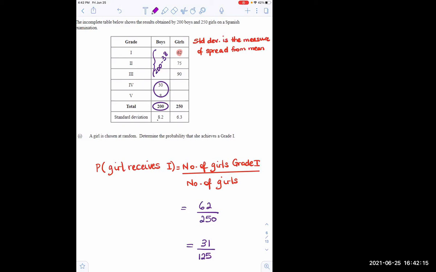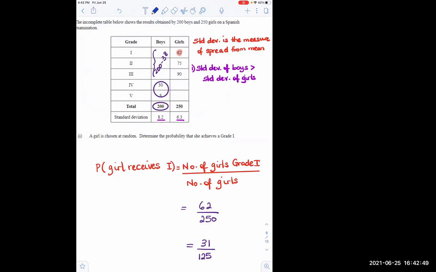You know that this is greater than that, so we're going to write that. The standard deviation of boys is greater than the standard deviation of girls. That is what we know. We don't even have to have any knowledge about standard deviation, but from observation, that is what we can see. You get 1 mark for that.